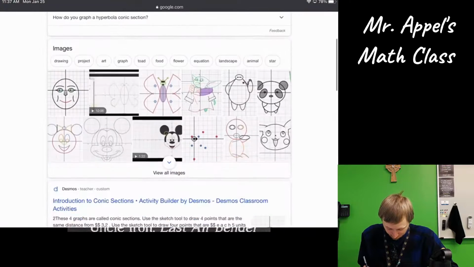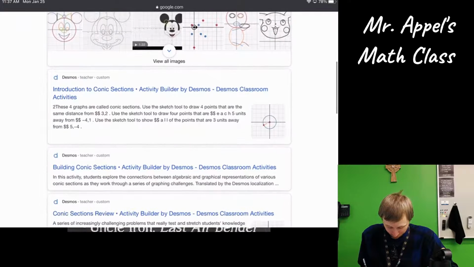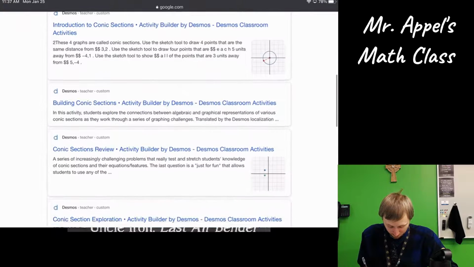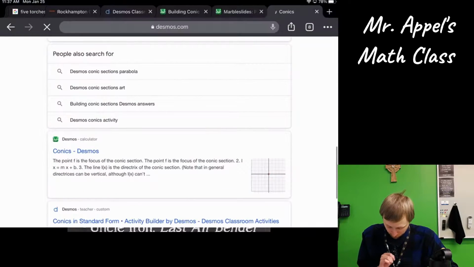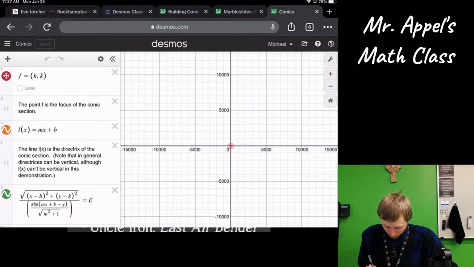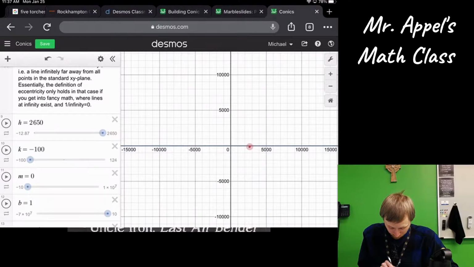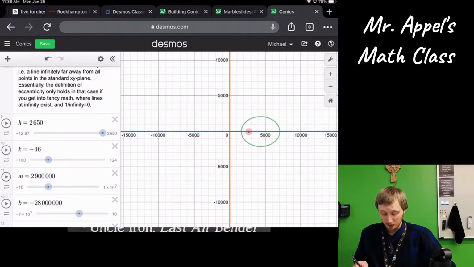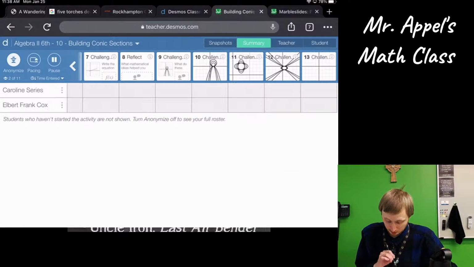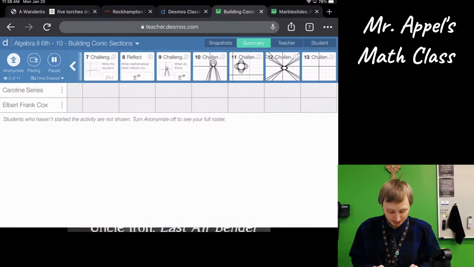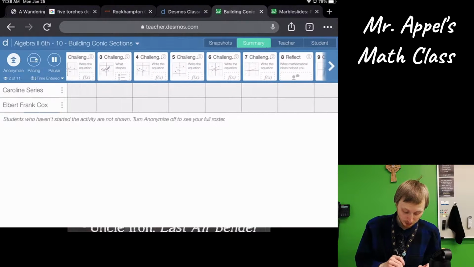No, that's not it. Not the activity builder. This is not the one I'm thinking of. Oh well, I tried. Don't worry about it. Just stick with this one here, building conic sections as you go, okay?